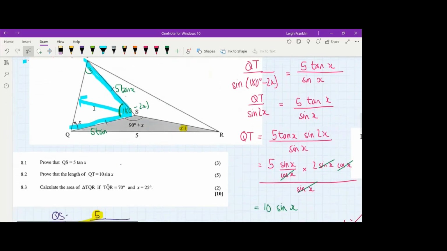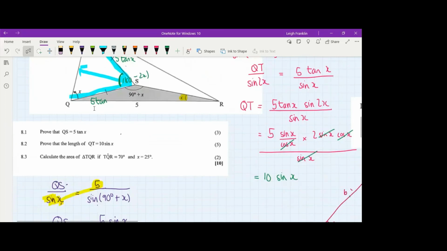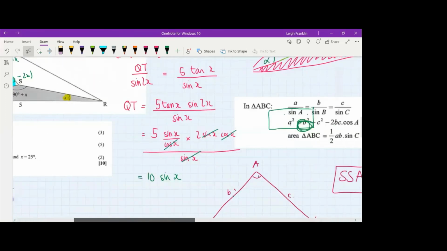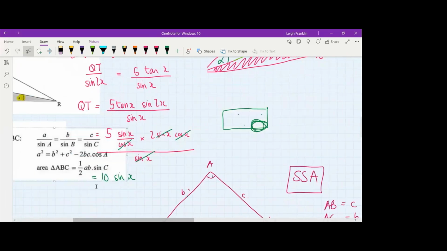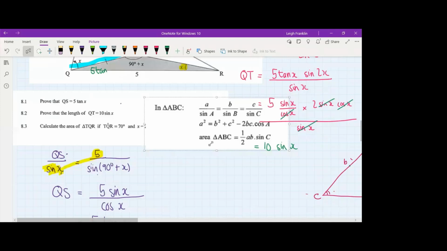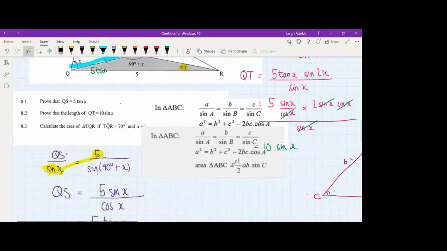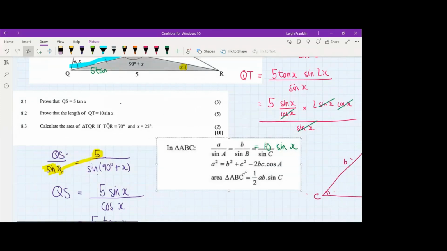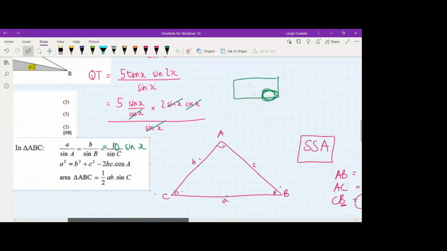And then just to finish this off, calculating the area of the triangle, they obviously want you to use the area rule. The area rule can only be used in a side angle side situation. When I say a side angle side situation, this is what I mean.